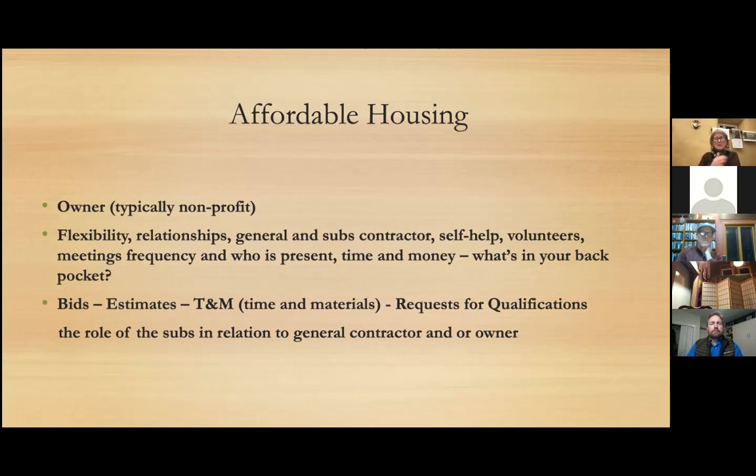But it may be that you're serving as a project manager for a nonprofit that really hasn't done any development before. And so it's going to be on you to manage all those relationships. And as we said in other meetings, you have to manage expectations and people have to be realistic.